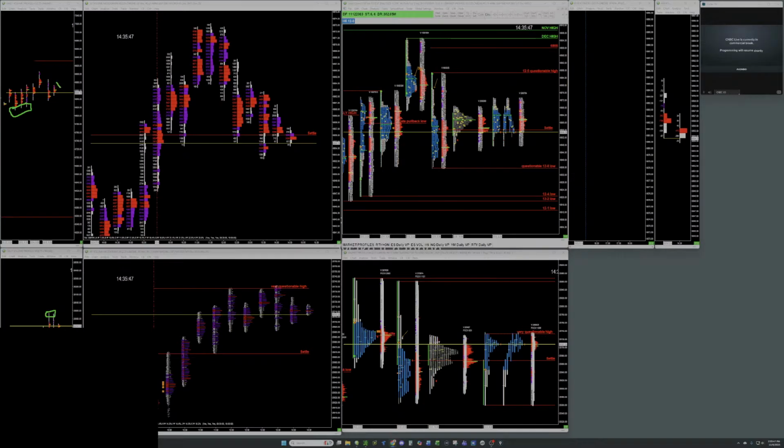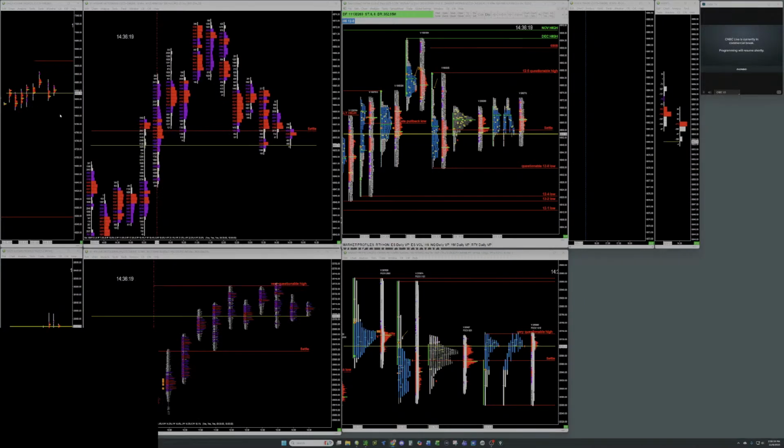Same thing on ES. This is an inside day. This is clearer here, but you can basically draw a trend line down here in the ES. Very narrow range here.